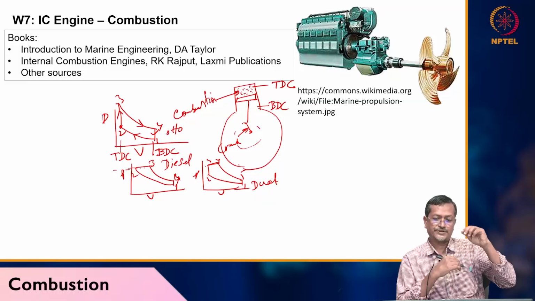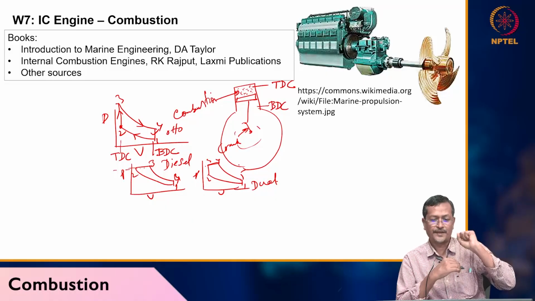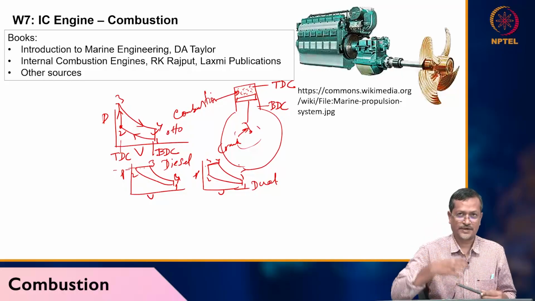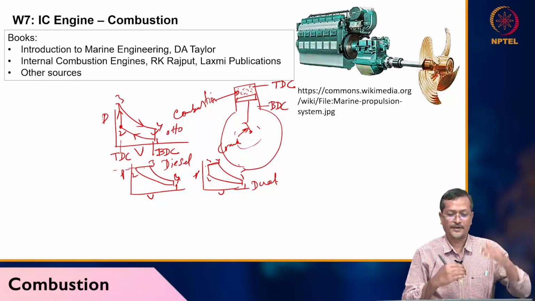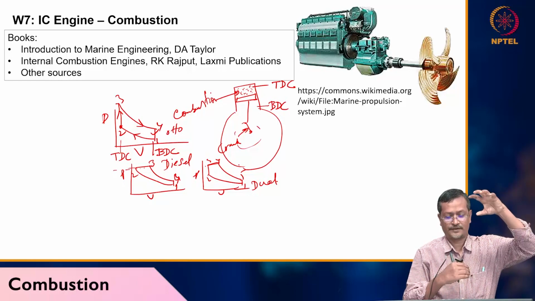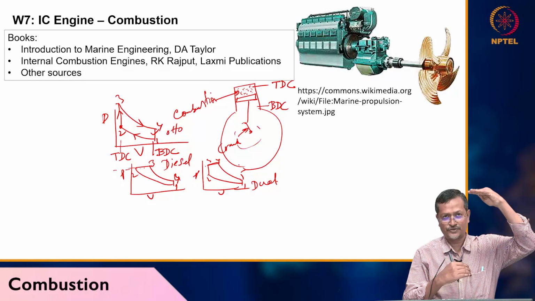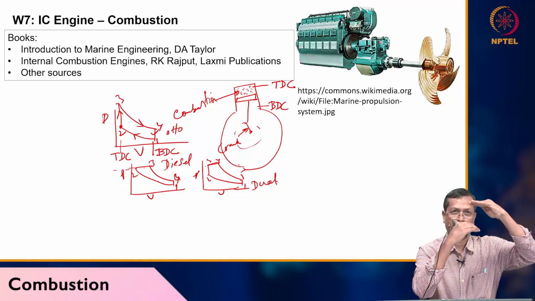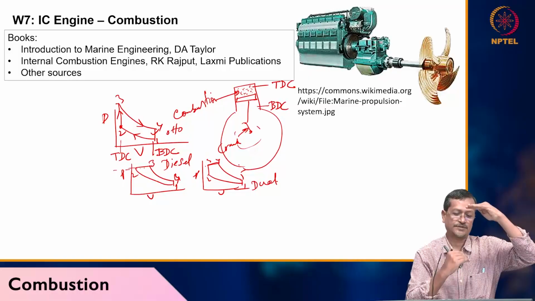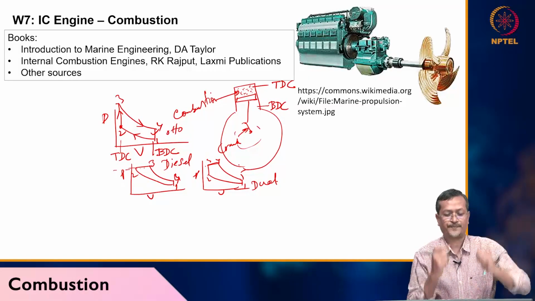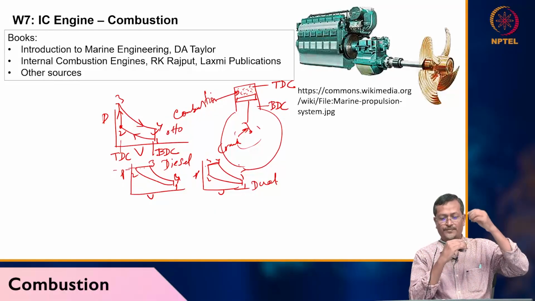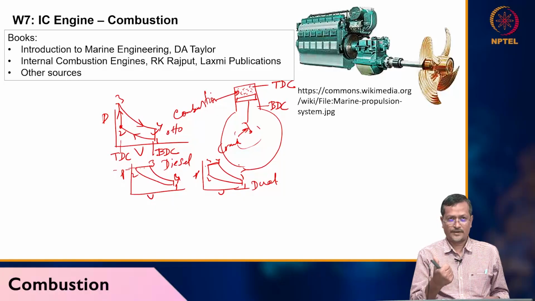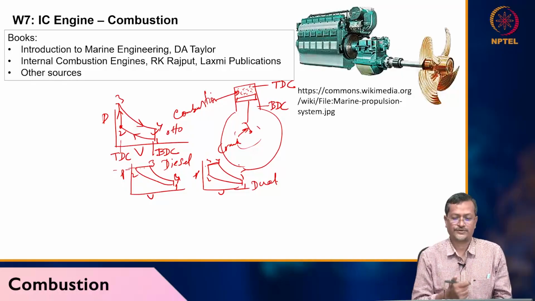Now if combustion occurs before the piston reaches the top, or TDC, what will happen? Your combustion gas will start pressurizing the piston to move downward, but the piston is trying to move upward. Some energy will be lost because this is forcing, this is also forcing. So pre-combustion is not allowed. If combustion occurs before the piston reaches the top, there will be a loss of energy, and even the system can fail.